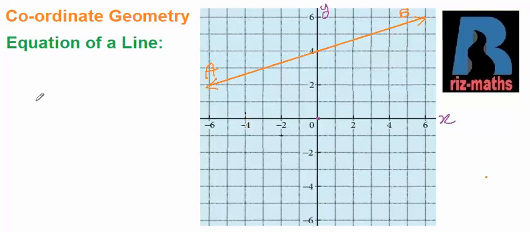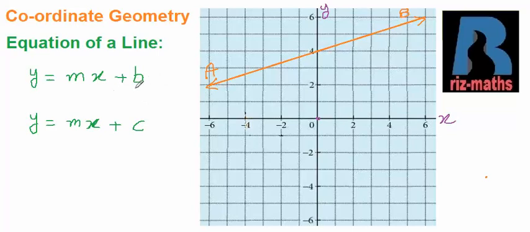The equation of a line is always in the format y = mx + b, and sometimes it is y = mx + c. First I will tell you the difference.